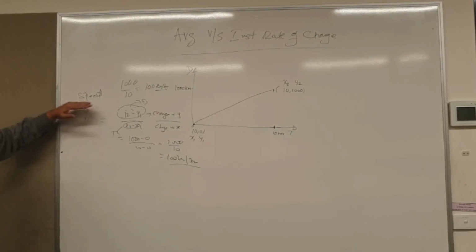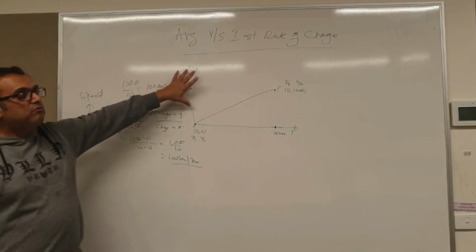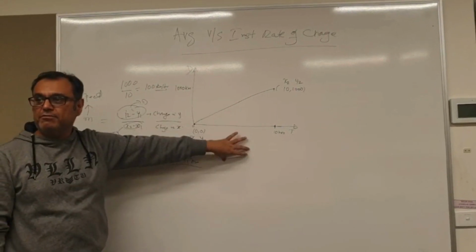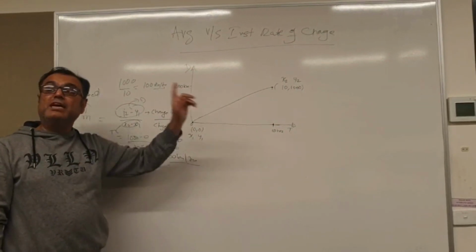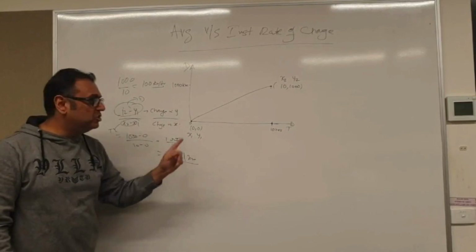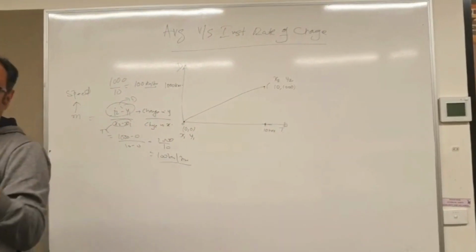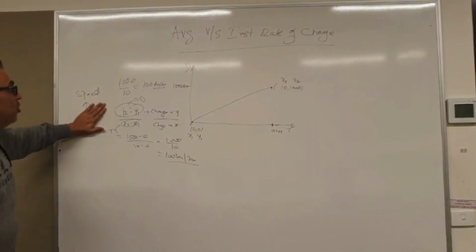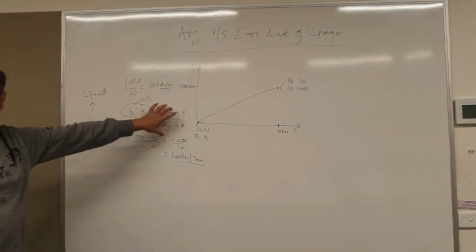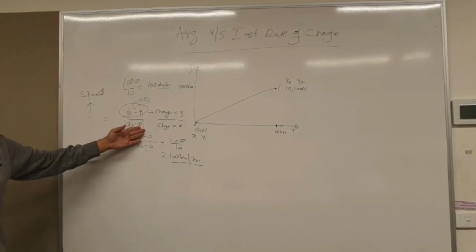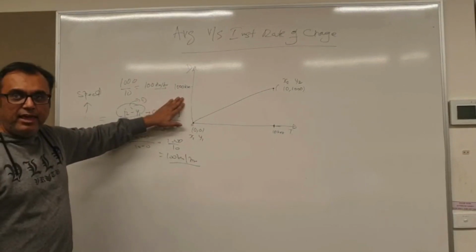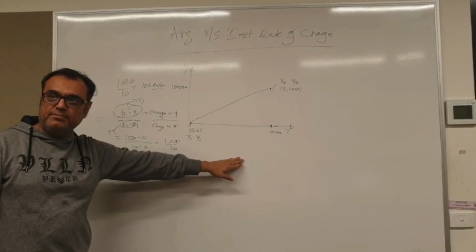So your slope is actually measuring the speed for distance and time graph. Yes? So that was on an average. So how do you find the average slope or average rate of change? So this is called the average rate of change of y with respect to x.